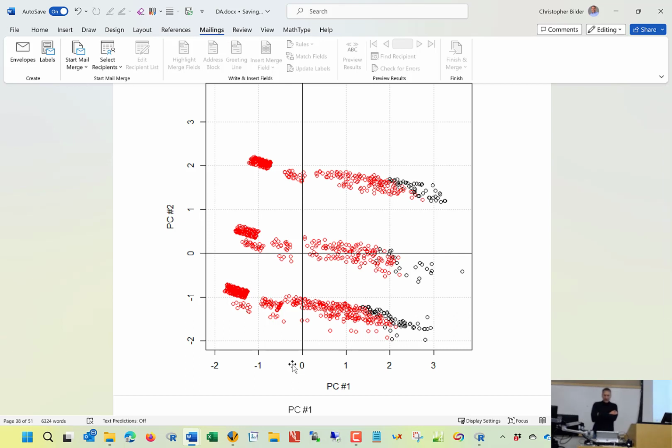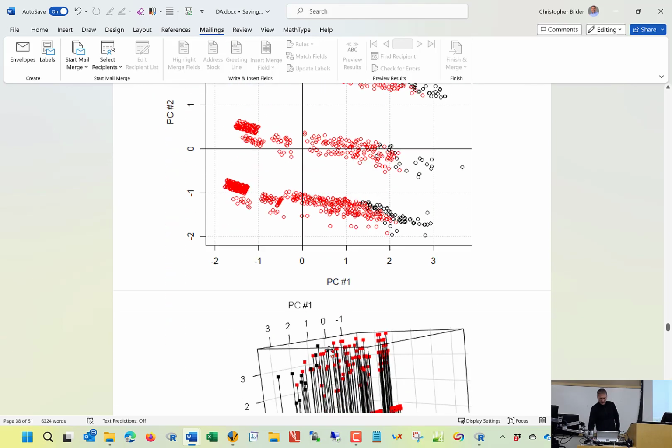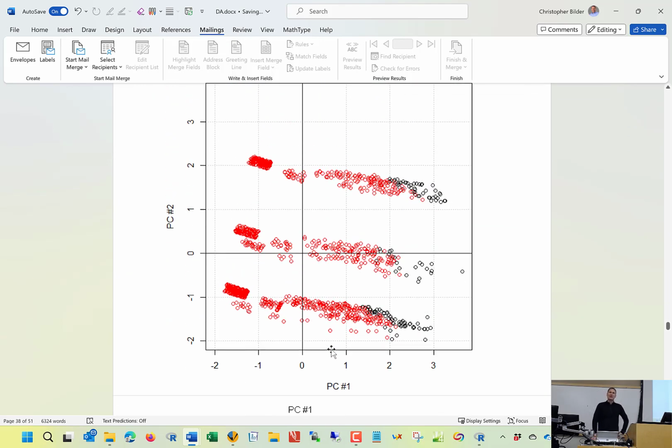The discriminant analysis method tends to predict those that have higher PC number 1 values as failures. And I don't know why I didn't do this, but I didn't put a legend on the plot. Black is failures, red is successes. And so we can see almost like a dividing line here, essentially.